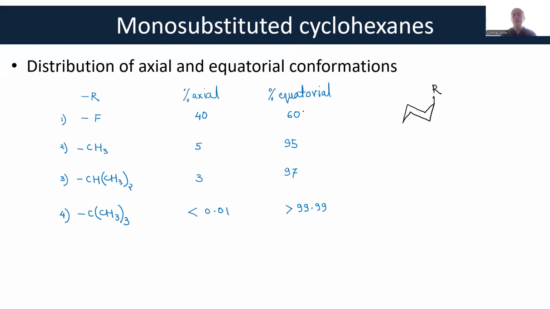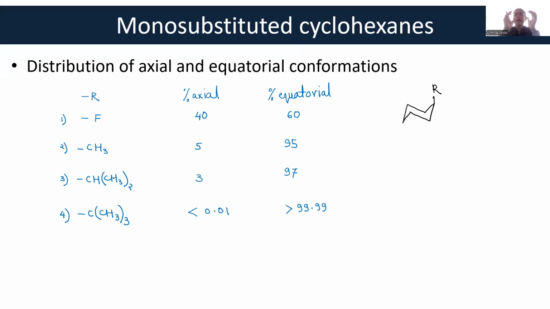Still the preferred conformation is equatorial. In case of methyl group, 5% axial, 95% equatorial, because methyl group has a larger size, and because of the larger size of the methyl group, the diaxial interactions correspond to a more energy.